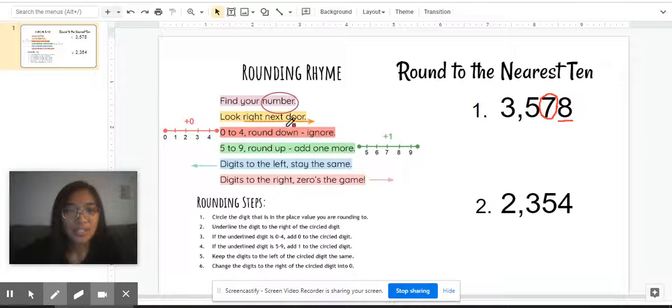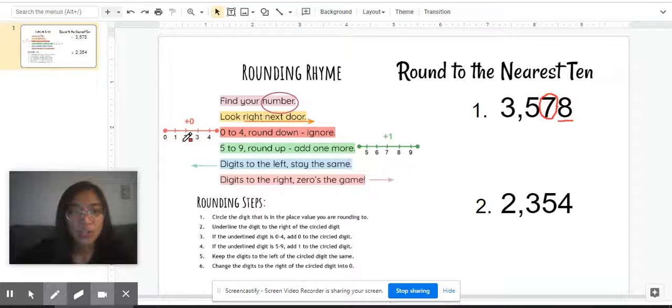So let's move on to the next part of the rhyme. It tells me 0 to 4, round down, ignore. If we're looking at our underlined digit, which is so important because it tells us whether we round down or round up, we can see that digit 8 is not 0 to 4.